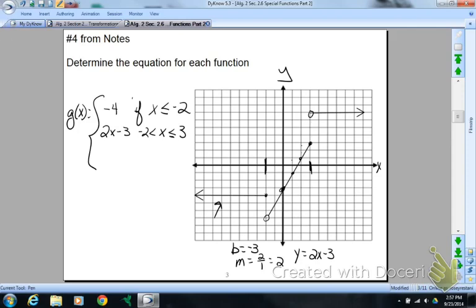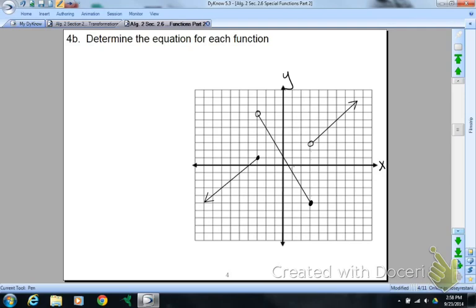In the third equation, it's a horizontal line at 7. So that's y equals 7, and we write 7. And the restriction is x is greater than 3, an open circle at 3. Okay, any questions on that one?